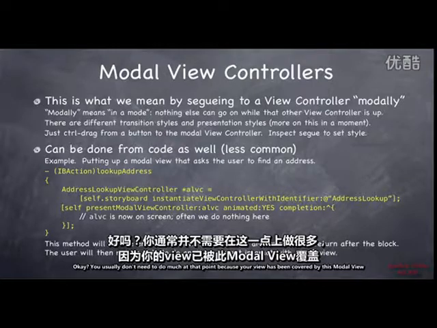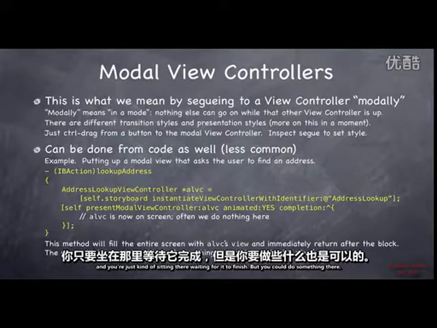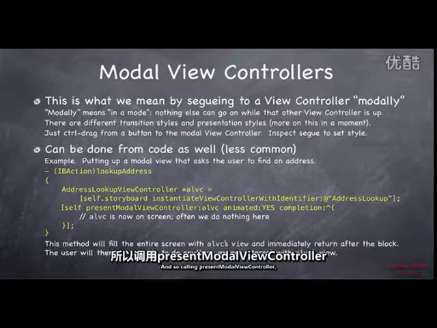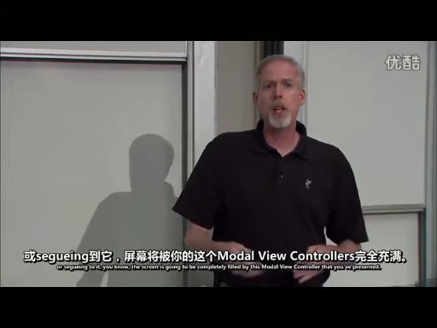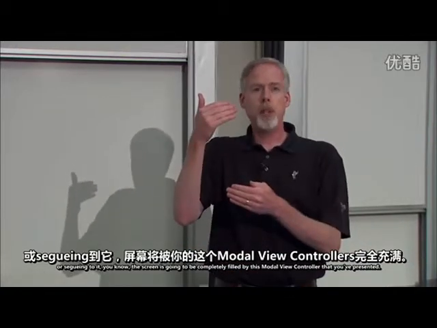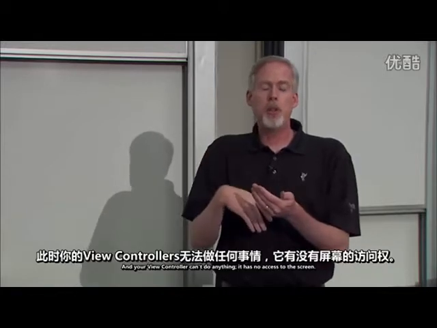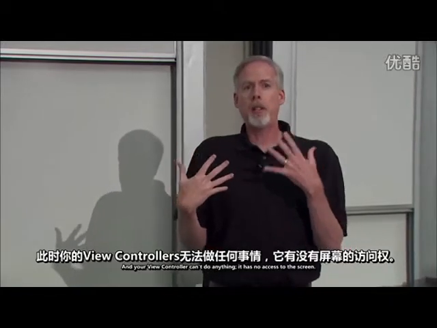Okay, you don't usually need to do much at that point because your view has been covered by this modal view and you're kind of sitting there waiting for it to finish, but you could do something there. And so calling present modal view controller or segueing to it, the screen is going to be completely filled by this modal view controller that you've presented, and your view controller can't do anything. It has no access to the screen.